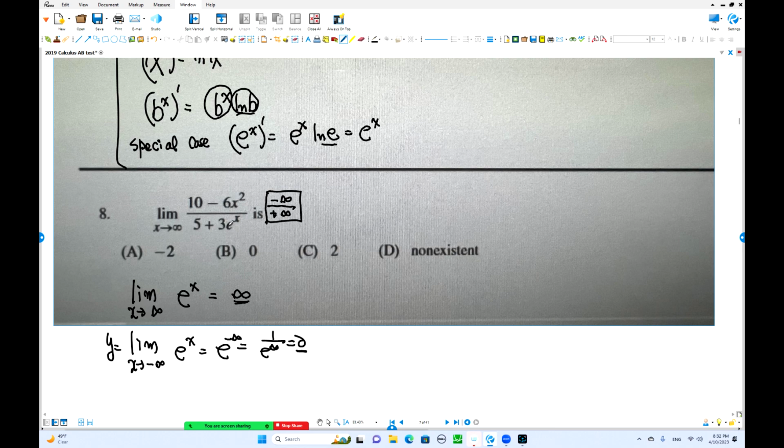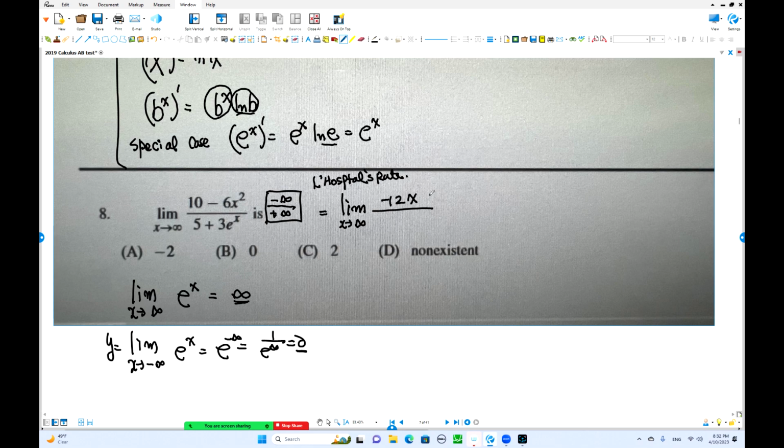Take the derivative in the numerator: 10 is 0, negative 6x squared is negative 12x.